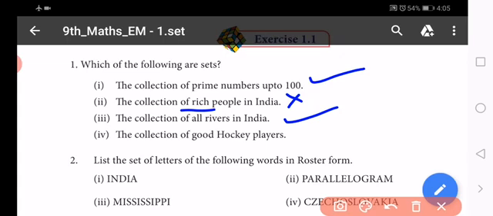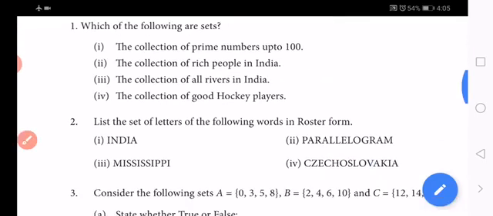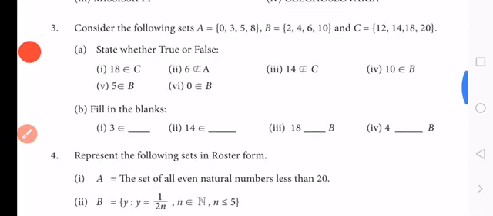And the collection of good hockey players is not well defined, so the fourth one is not a set. Do you understand? All of you check that your answers are correct. And then we go to the third one, using notation.